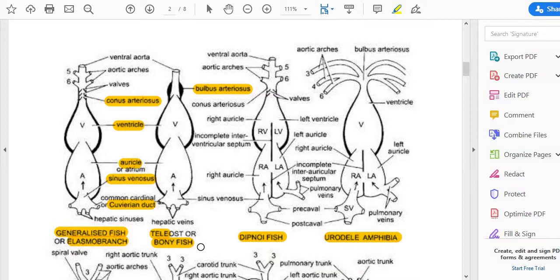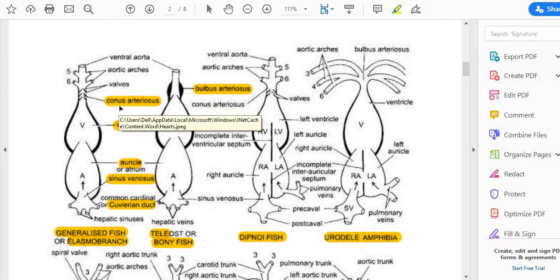So in case of bony fish, which is the teleost or osteichthyes, the structural plan of the heart is similar to that of the elasmobranch, but the variation is seen only in the presence of the accessory chamber that is present near the ventricle.